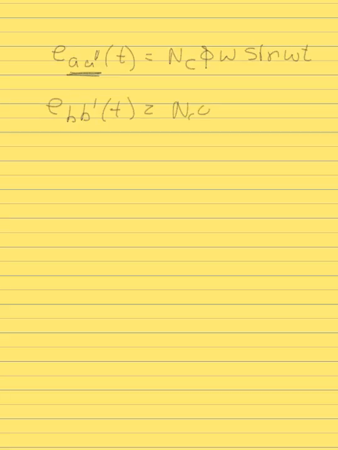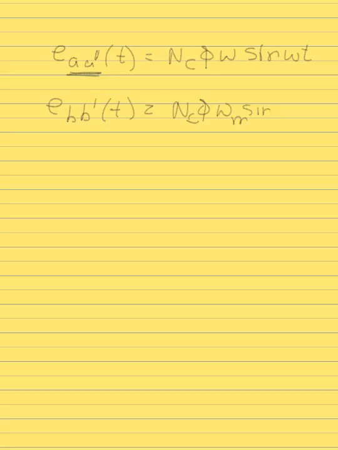So in the three-phase armature winding, let's say in one phase the voltage induced, for phase A as a function of t, is N_C phi omega, which is E_A, times sine of omega t. In the second phase, the voltage will have the same amplitude, so E_A, or this N_C phi omega, will remain the same.